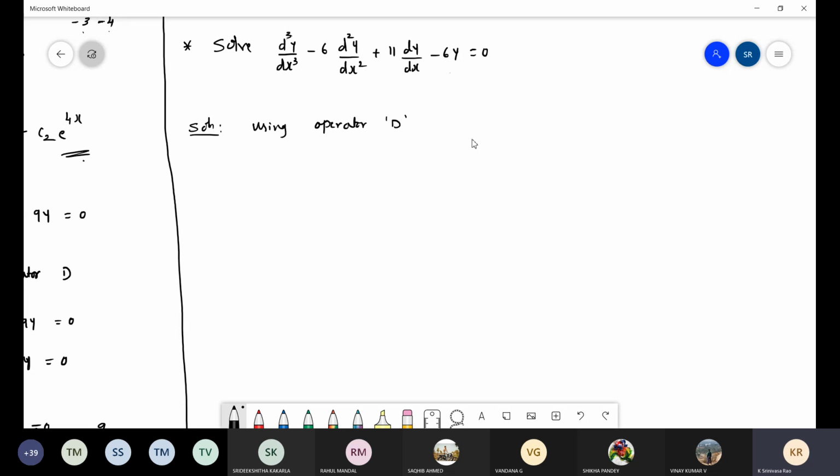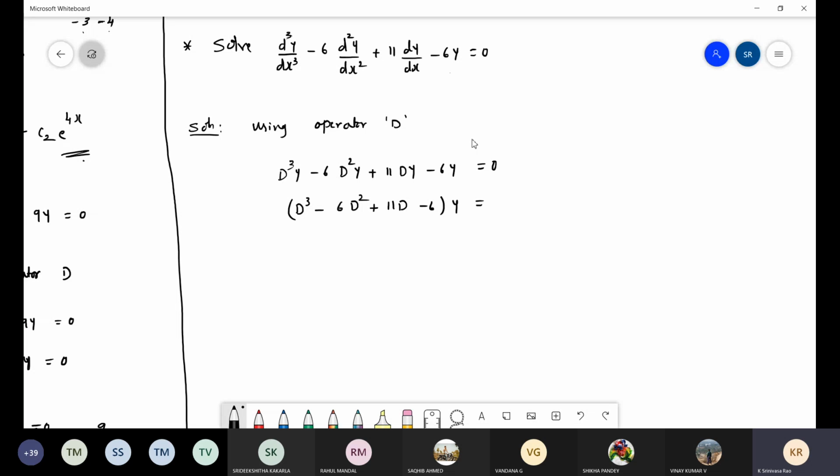Using operator D, this becomes d cube y minus 6 d square y plus 11 dy minus 6y equal to 0, and taking y common, (d cube minus 6d square plus 11d minus 6) into y equal to 0.